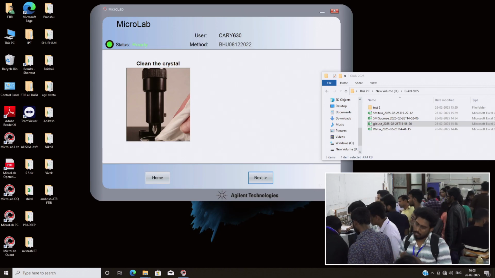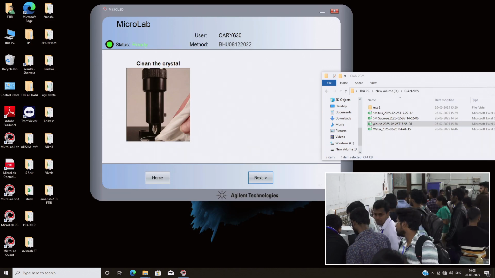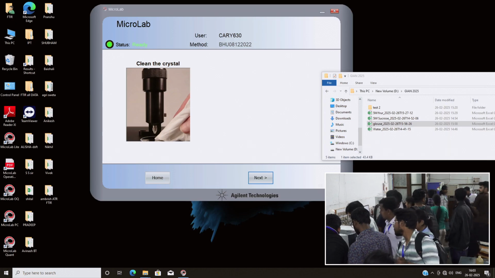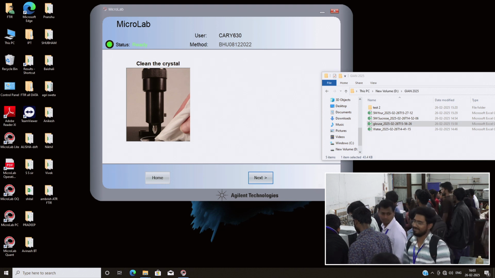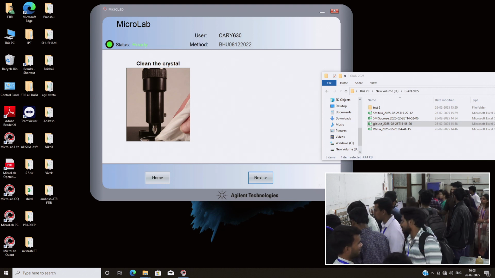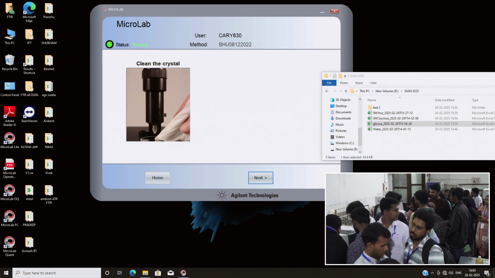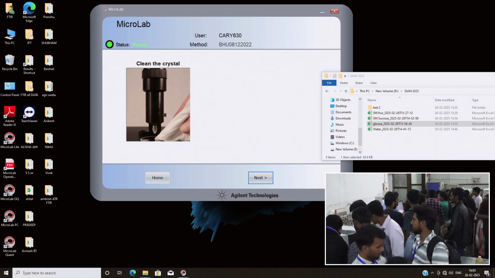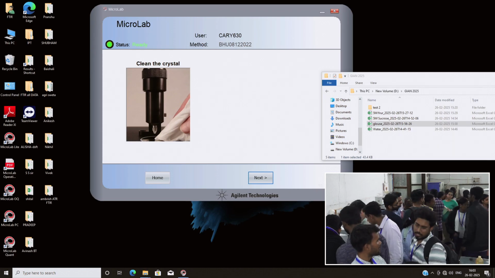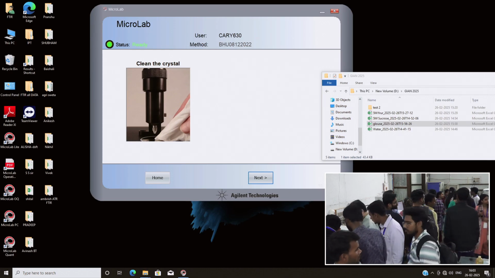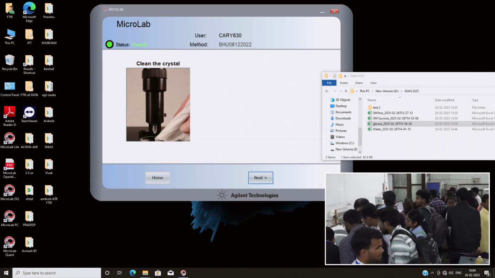Calibrate. So green is the absorption of glucose.